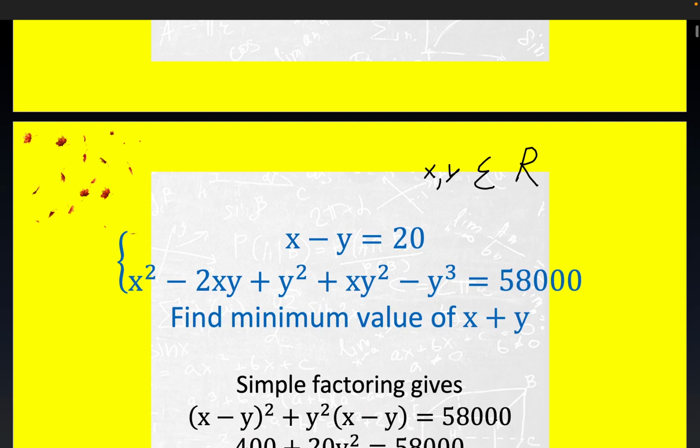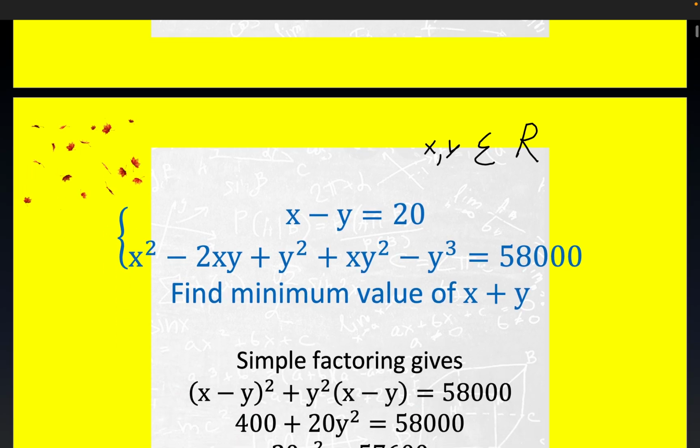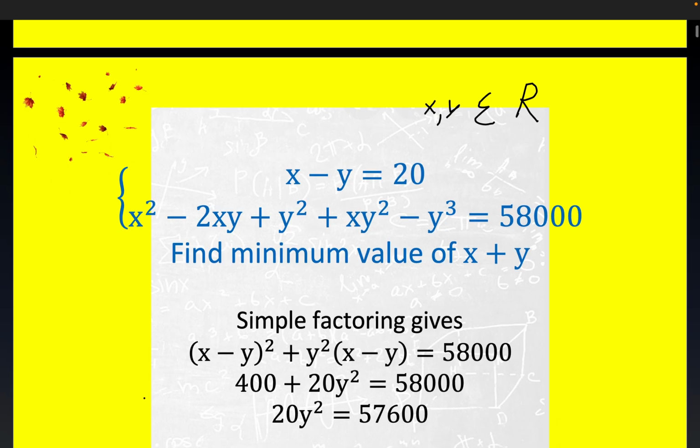So as a lot of you probably noticed, there's some very simple factorization going on right here. The second equation after you factor just becomes this statement right here. And of course everything's quite convenient because the difference of the two variables, 20, is given, and so 20 squared is 400 right here.